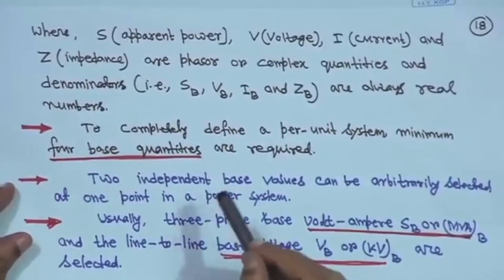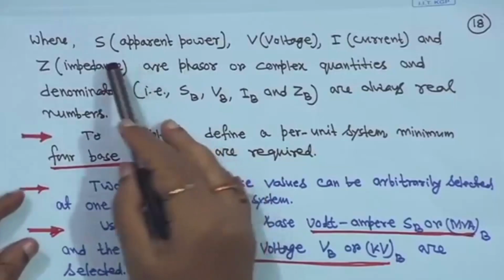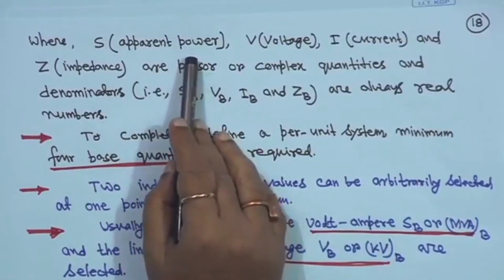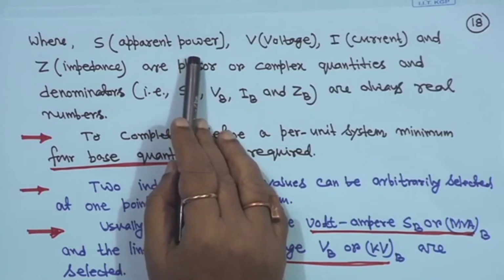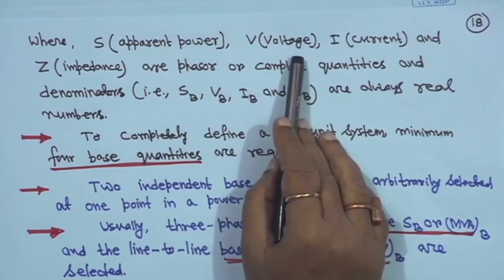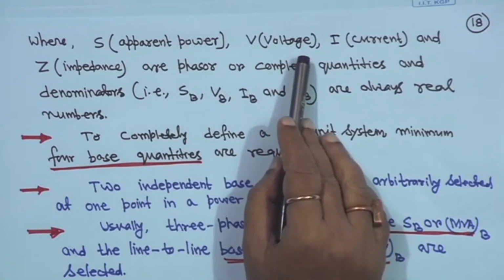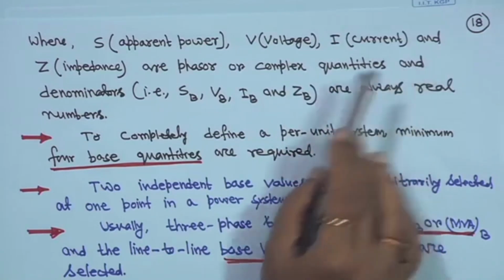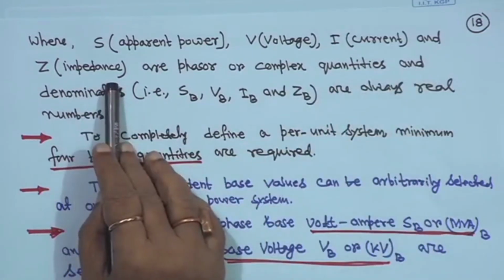So, actually where S in general is apparent power, that is volt ampere or kilovolt ampere or megavolt ampere, that is VA, kVA or MVA. V is the voltage, it may be in volts or in kV. I is the current, ampere or kilo ampere, and Z is impedance in ohmic values, right.